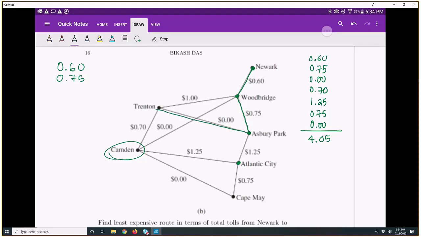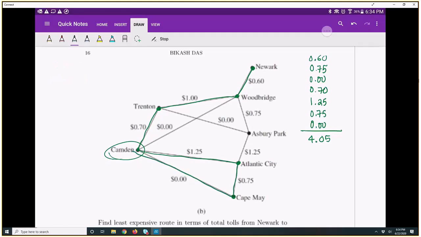Asbury Park to, we go to Trenton for $1. Then to Camden for 70 cents. Then we'd go to Atlantic City, Cape May, and back to Camden.